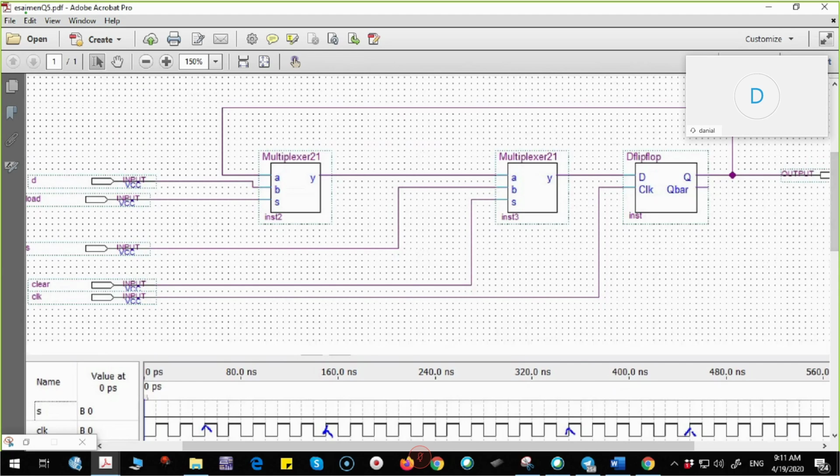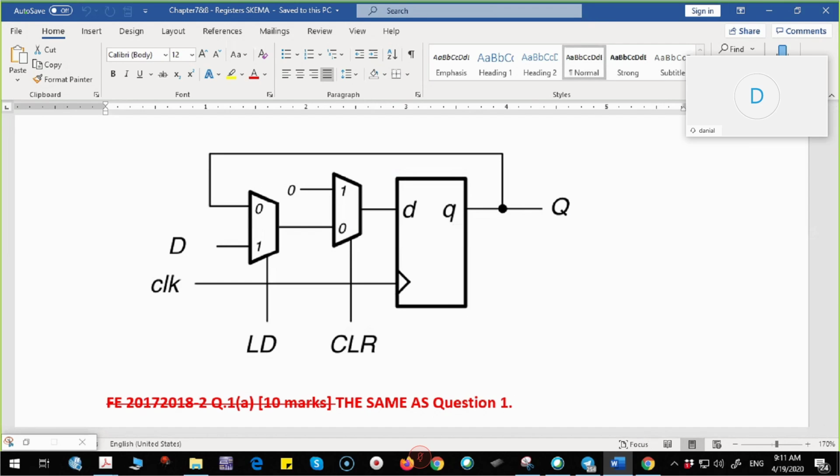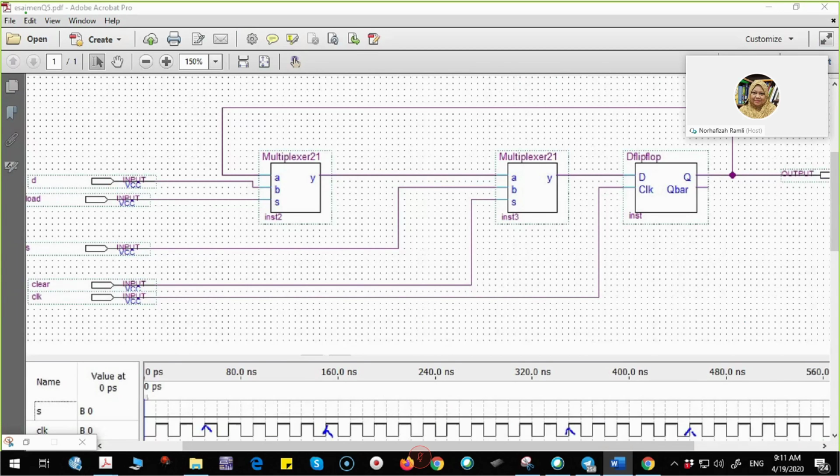The load is the selector for the first multiplexer, because when load is equal to 1, it will take D and display it at the output. As long as load is 1 and clear is 0, it will select the D.